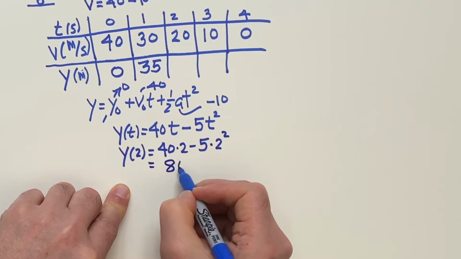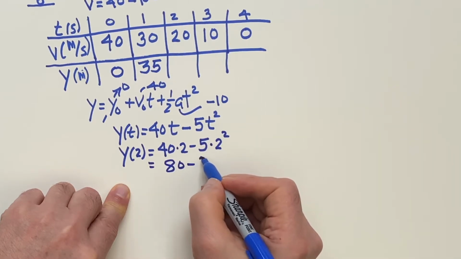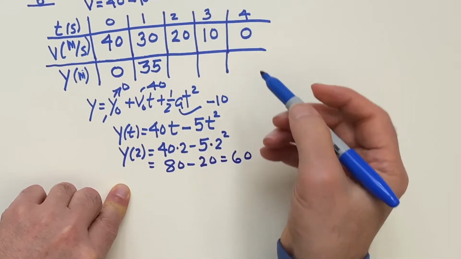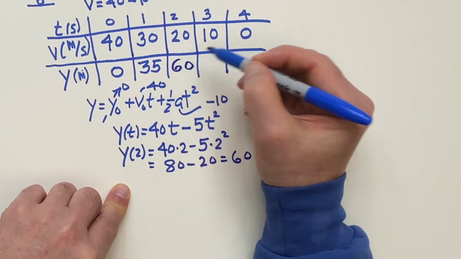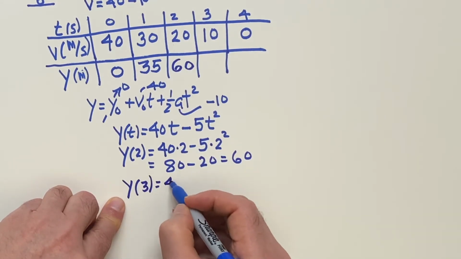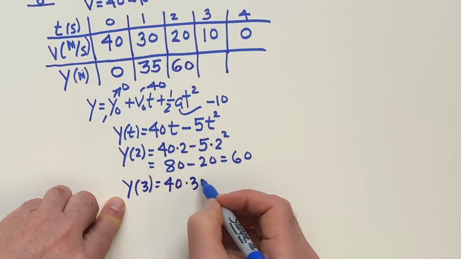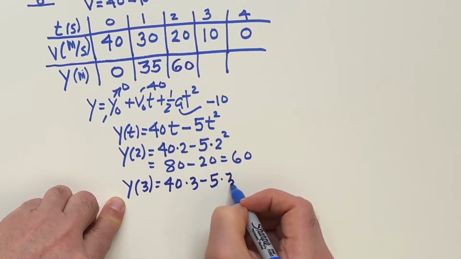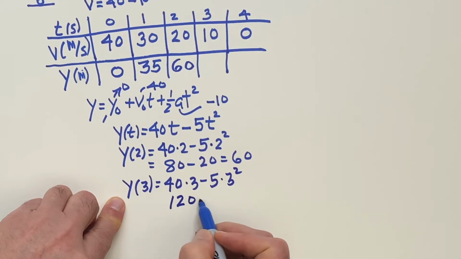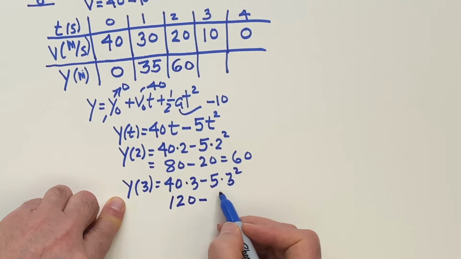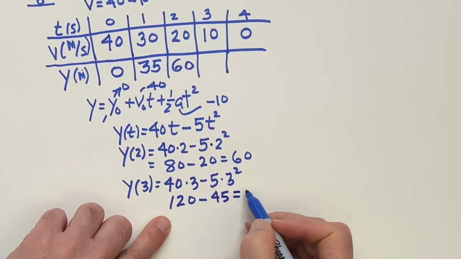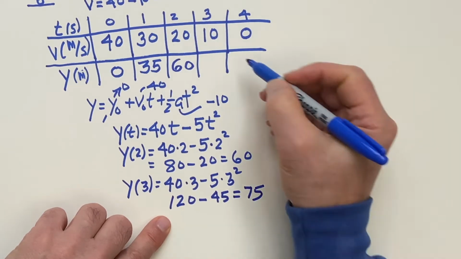So that's 80 minus 20, and that's going to be 60. So therefore I put 60. Then for the third case, I'm going to have 40 times 3 minus 5 times 3 squared. So this is 120 minus 5 times 9, which is 45. So when I subtract there, it will be 75.